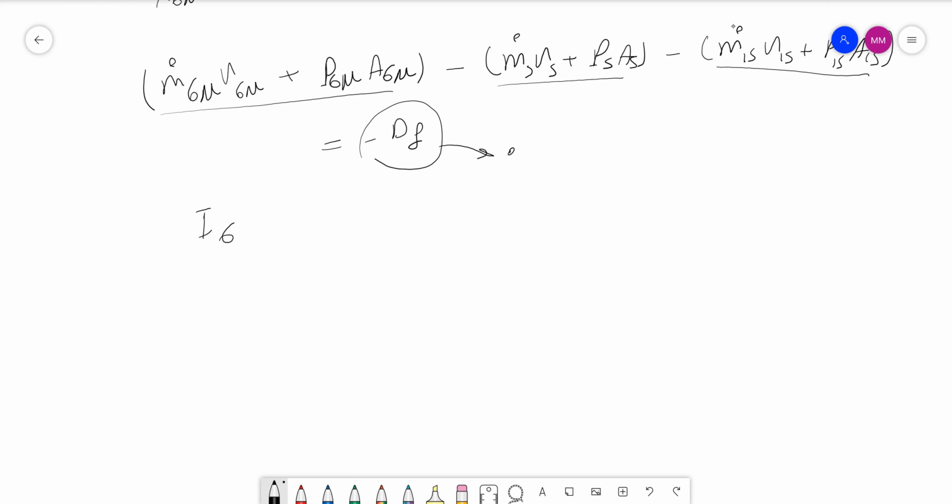So essentially we can replace all of these with the impulses. Impulse at station 6m minus impulse at station 5 plus impulse at station 15 is going to be 0. So impulse at station 6m is going to be equal to impulse at station 5 plus impulse at station 15.